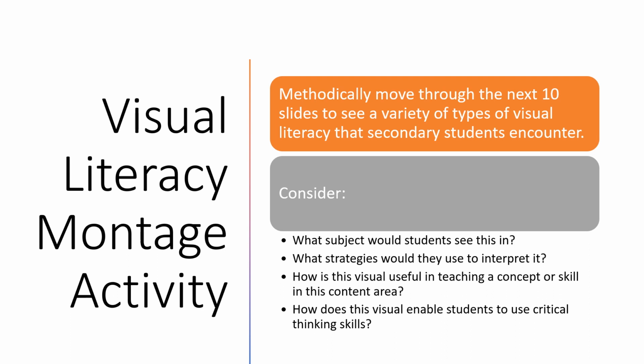What strategies would they use to interpret it? So think about how they would derive meaning from this. How is this visual useful in teaching a concept or skill in this content area? And then lastly, how does this visual enable students to use critical thinking skills? So these are some things that you want to consider as you move through the montage.